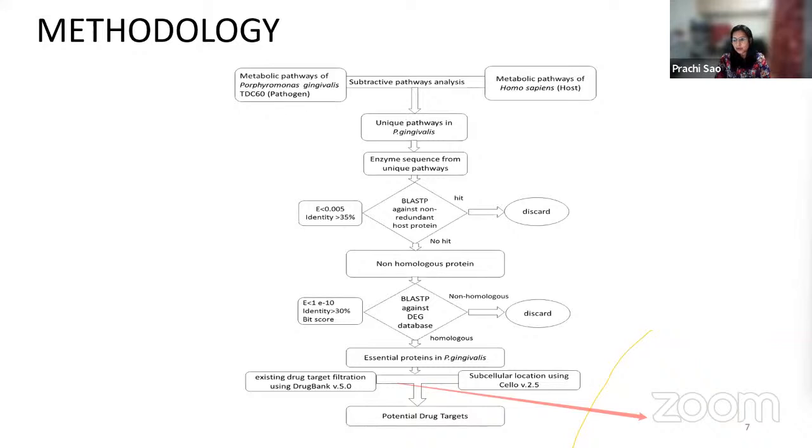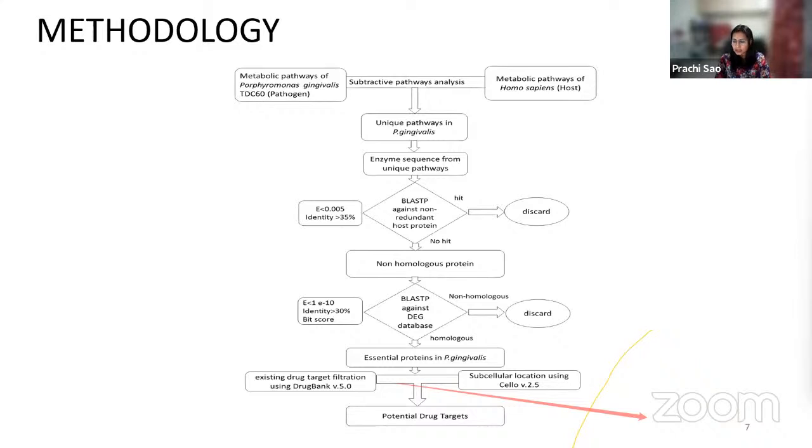BLAST is a tool which helps us find similarity between two sequences. Our aim is to find those sequences which are not similar to the host. For that we will use two basic parameters, two simple filters, to filter the proteins. First we look at e-values. In BLAST, the e-value tells us how similar two sequences are.